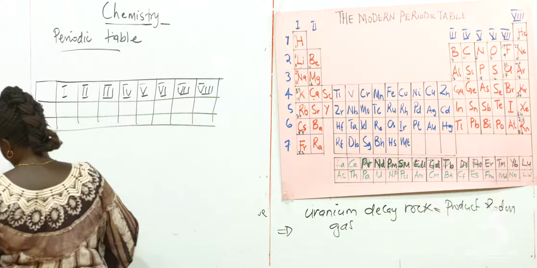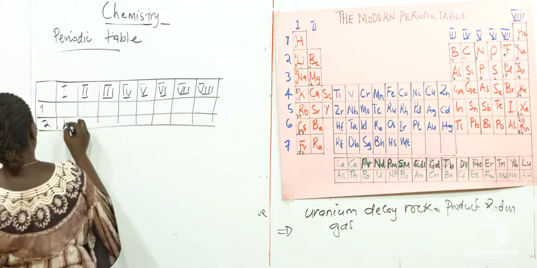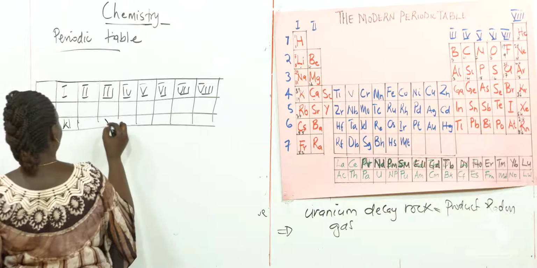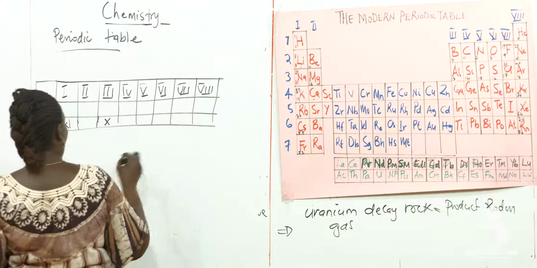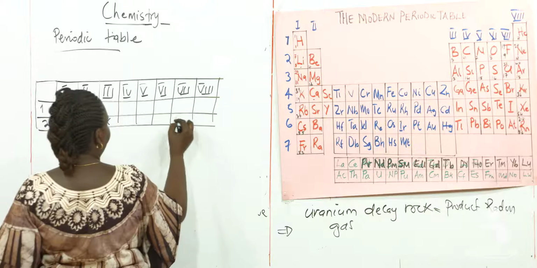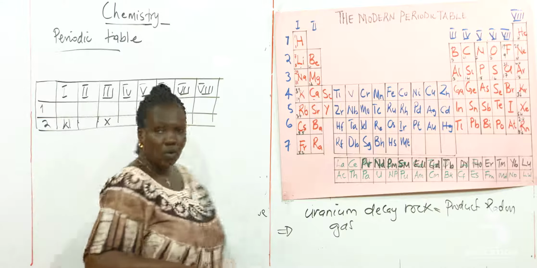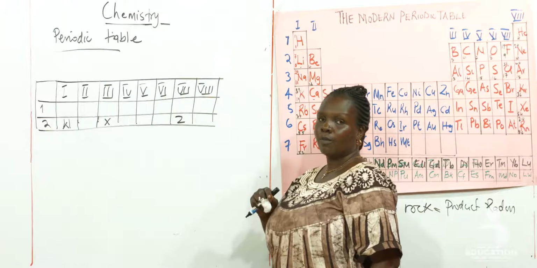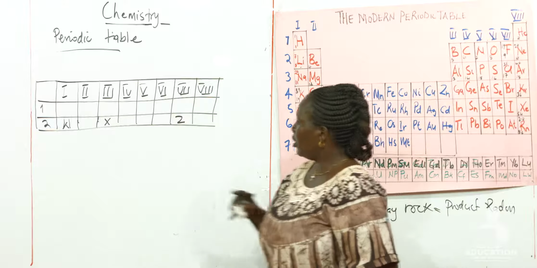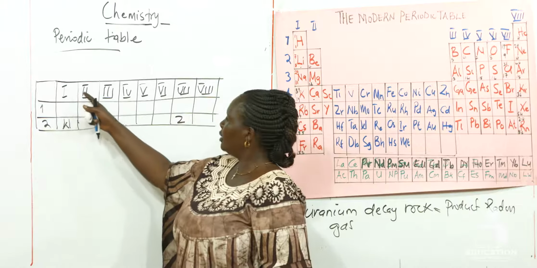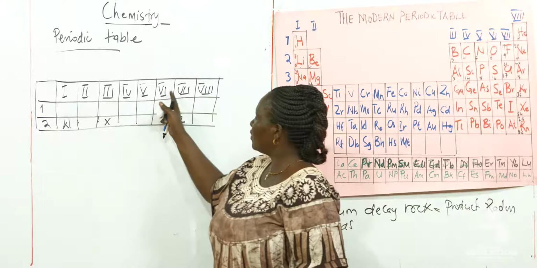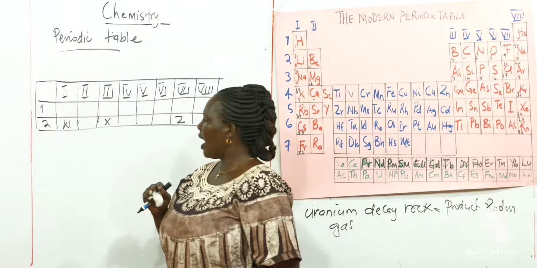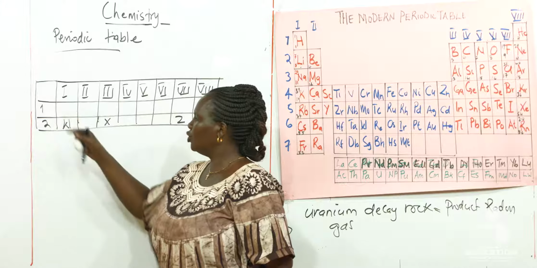So we have 3 elements: W, X, and Z. So let us imagine that this is a sketch of the periodic table with 8 groups, and then we have period 1 and 2.